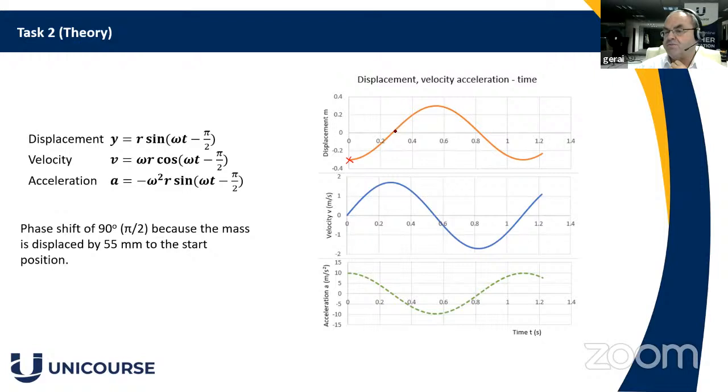And when we have no displacement, such as at this point here, we shouldn't have any acceleration. True to form, we have no acceleration. It's the other way around in sign, because the acceleration is minus omega squared y, y being the displacement. So it's opposite in sign, but they're directly proportional to each other. And the velocity is out of phase by 180 degrees.